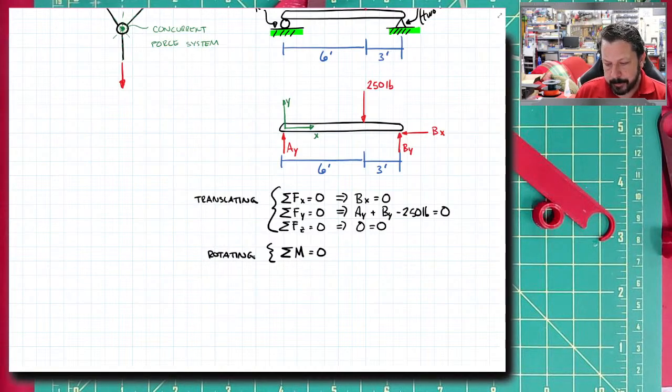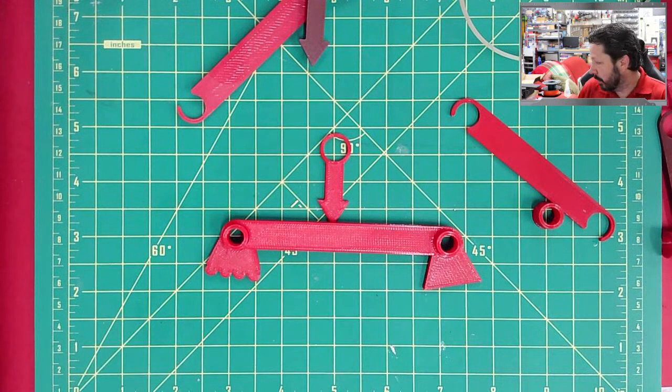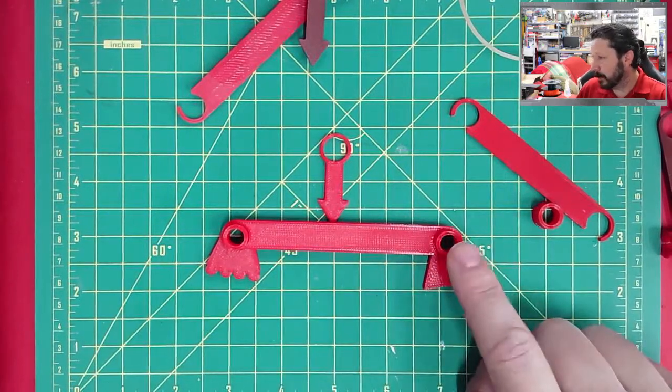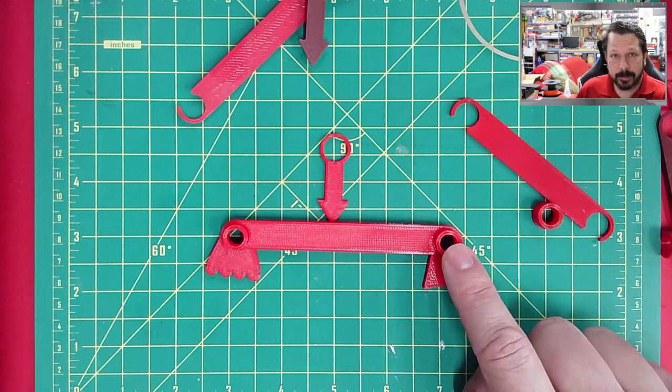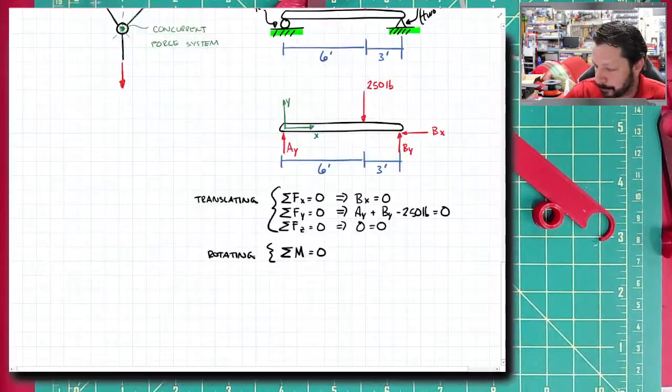A lot of times, 80% of the time, it is best to pick this point to be wherever that pin is. So I've got a pin and a roller. So let's just pick this point. It's not guaranteed, but if you don't have a better plan, then pick the point where the pin is.